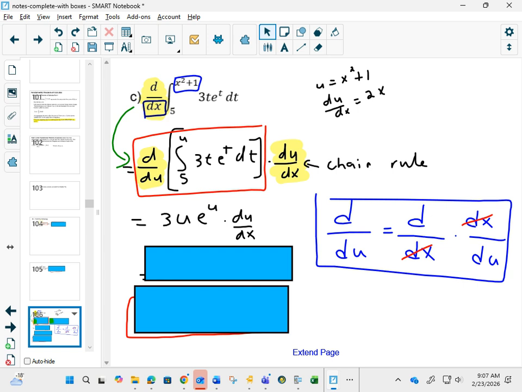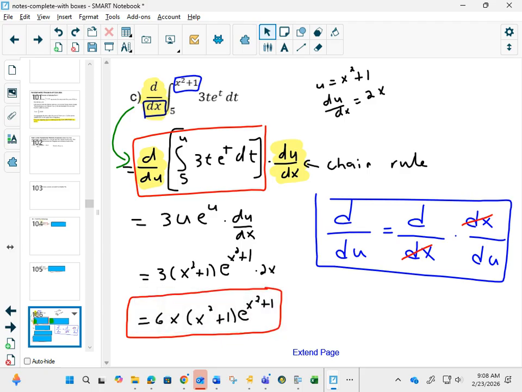And now we can substitute everything back to x. So the u is x squared plus 1, e to the x squared plus 1, and du dx has the 2x afterwards. And you can simplify this if you wanted.